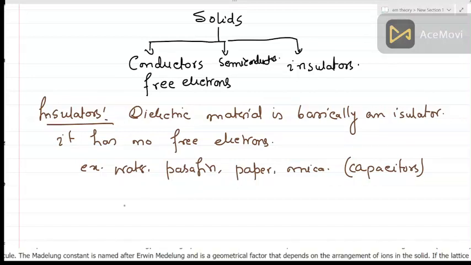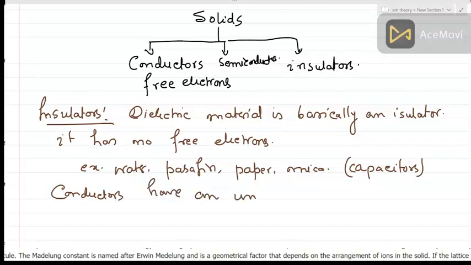They are used in capacitors to increase the capacitance. But we have not studied in detail these materials, so you will study the dielectric material in detail. In many textbooks they are written as insulators or dielectrics.